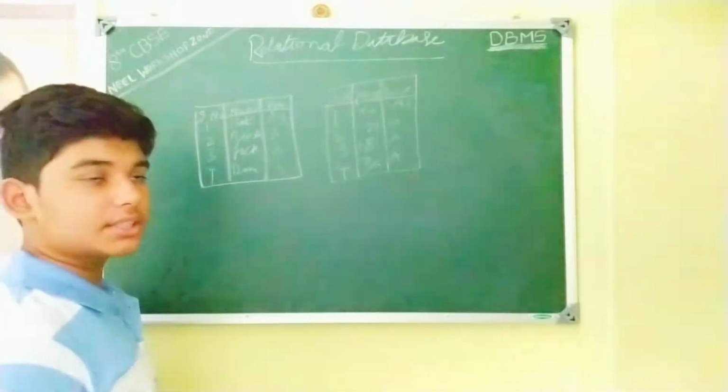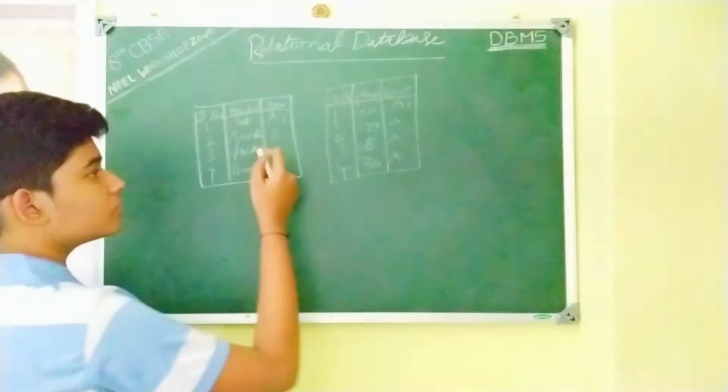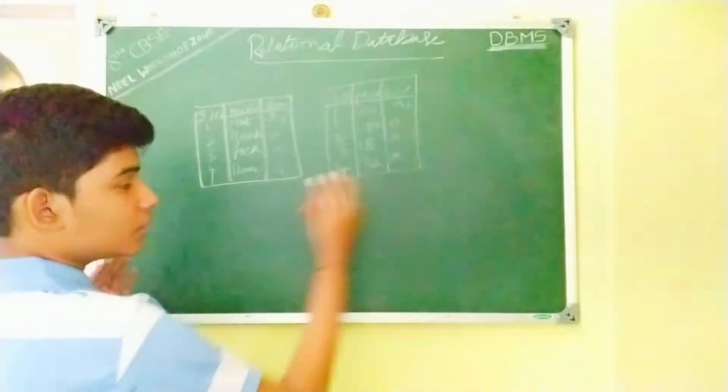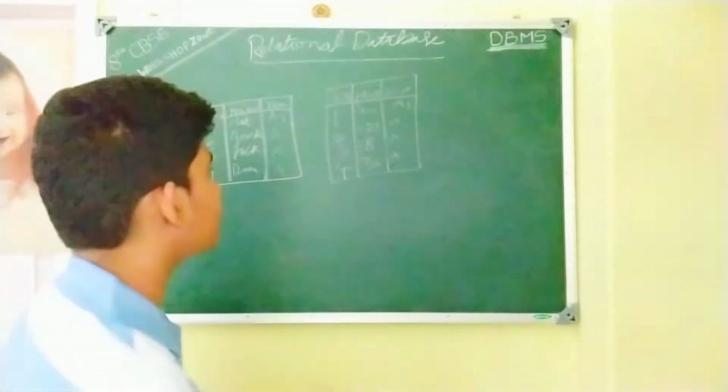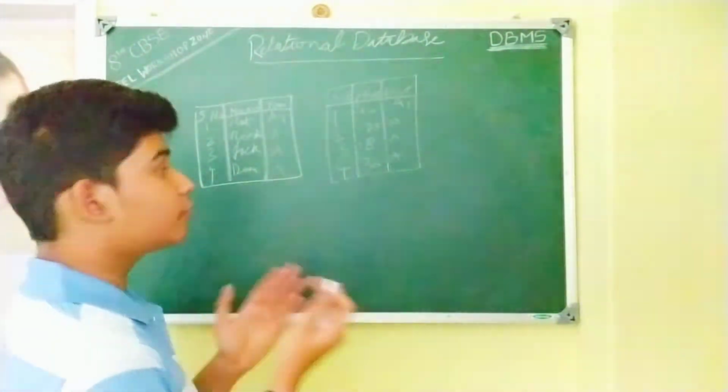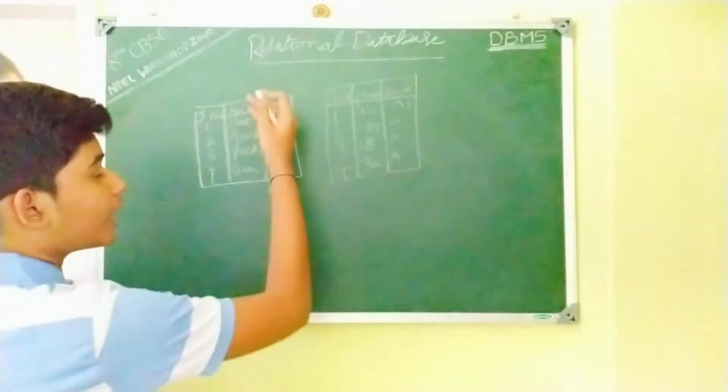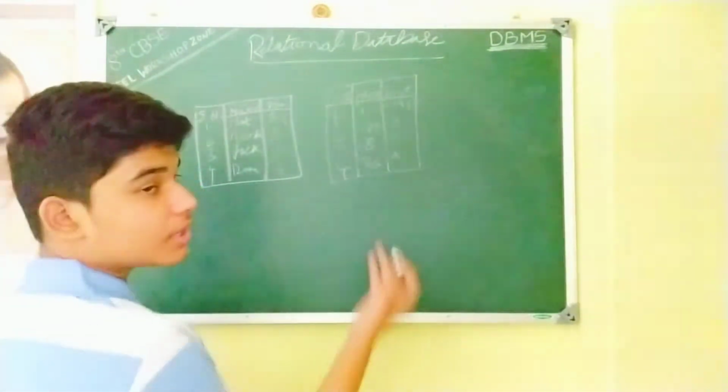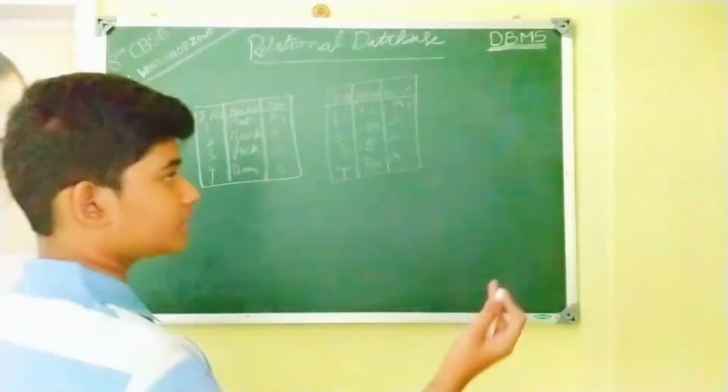Did you notice something similar? You can see that both of these databases are not the same, but they have just a little bit different data. For example, in this you have the names, but in this you have the marks, and the rest of all are the same.